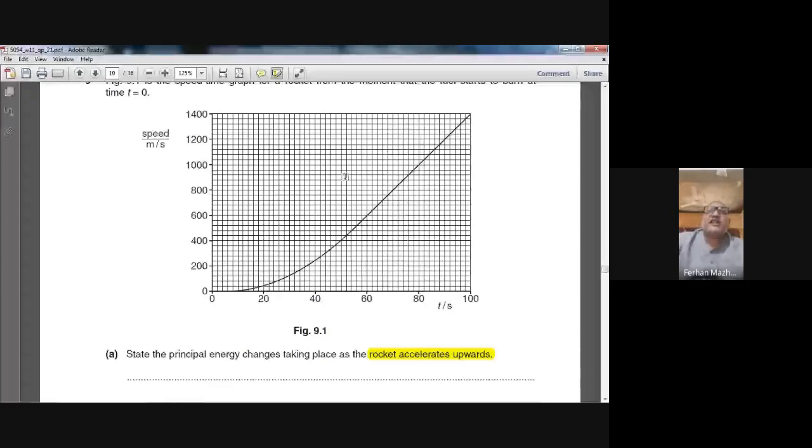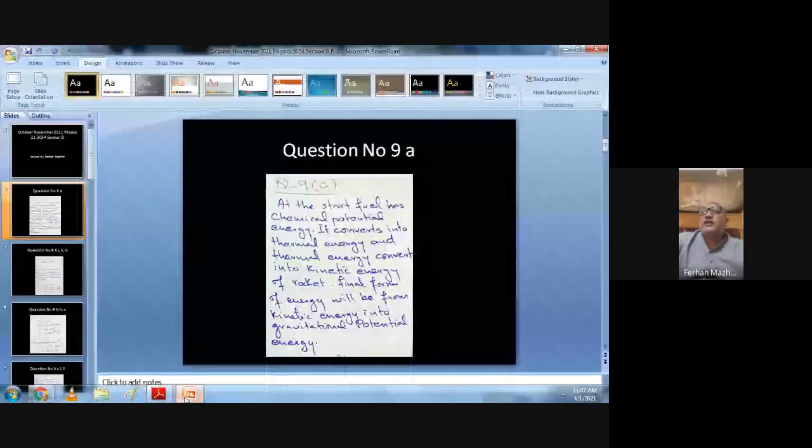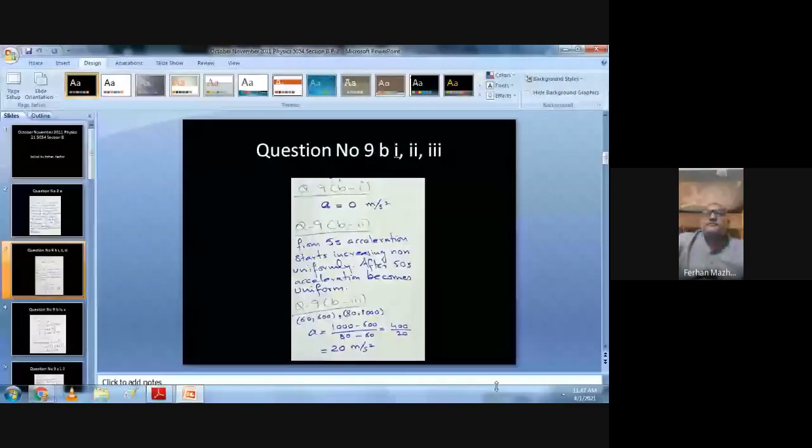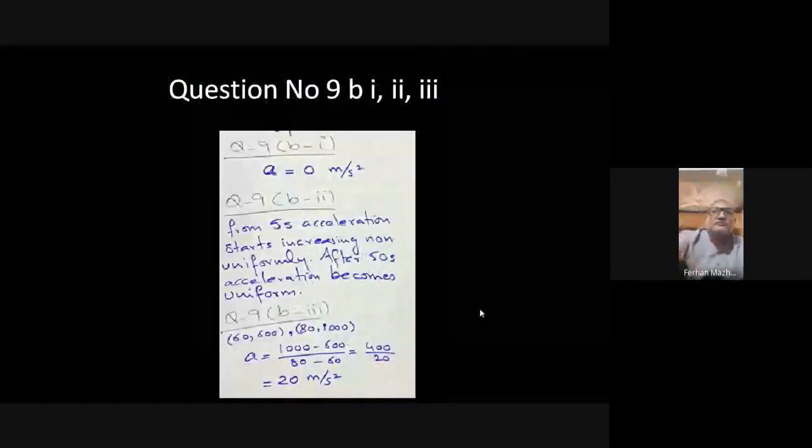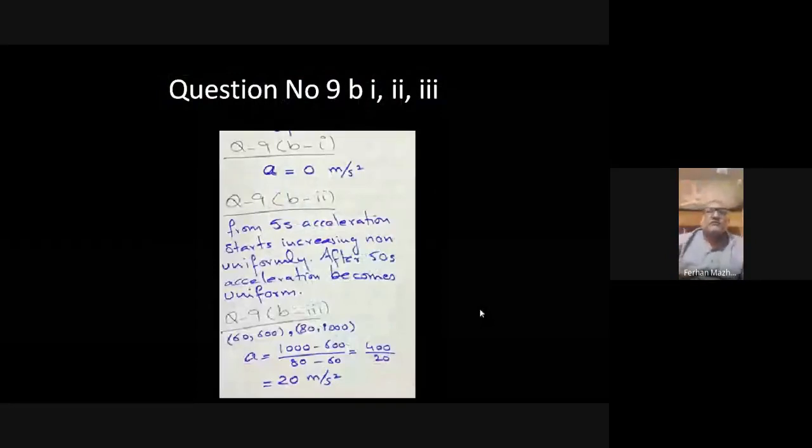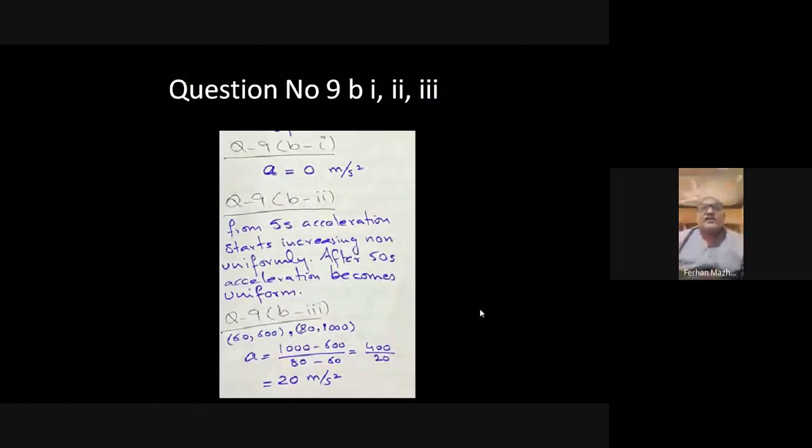I have written this answer. Let me show you my answer. Here you can see on the screen we have 9B first part, acceleration value is 0, and 9B second part, from 5 seconds acceleration starts increasing non-uniformly.